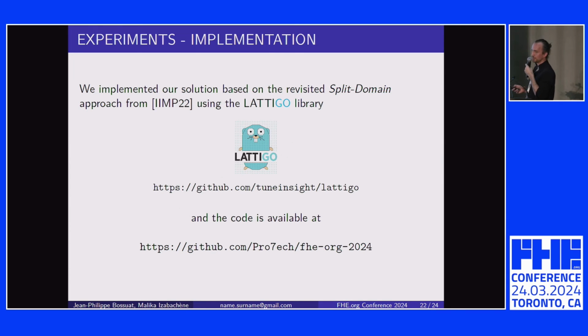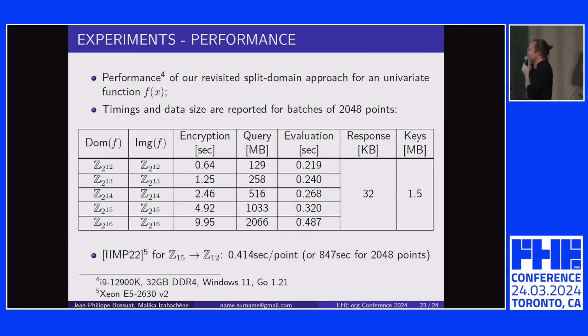We implemented our solution with Lattigo, and the code is available again at the same repository. We did the experiments trying to use the same parameters and function domain and input as the original work. Essentially what the original work was reporting is the evaluation.